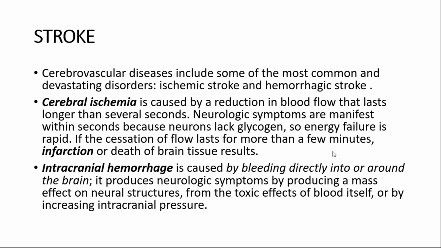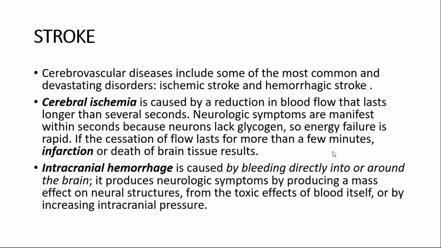So we need a CT scan on an urgent basis whenever a patient presents with hemiparesis or loss of consciousness. You should, in casualty, get a plain CT head immediately to rule out any hemorrhage. A patient who develops cerebral ischemia may not show any changes on CT scan initially, within 3 hours.